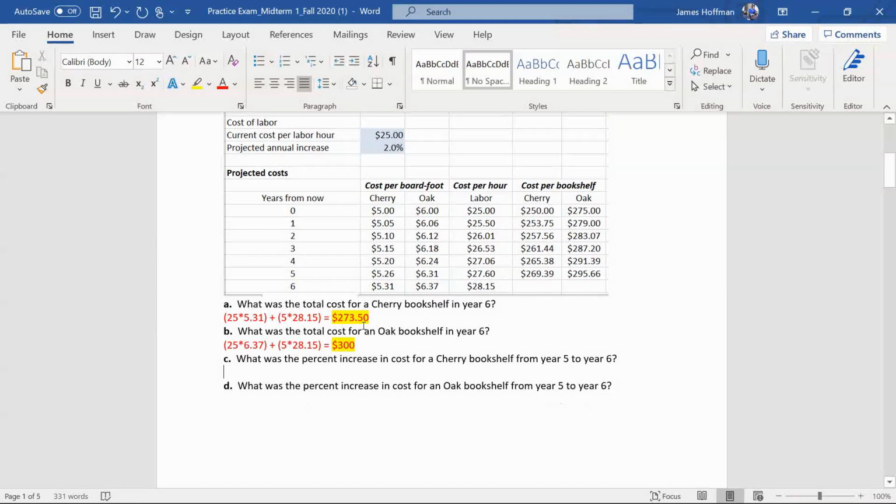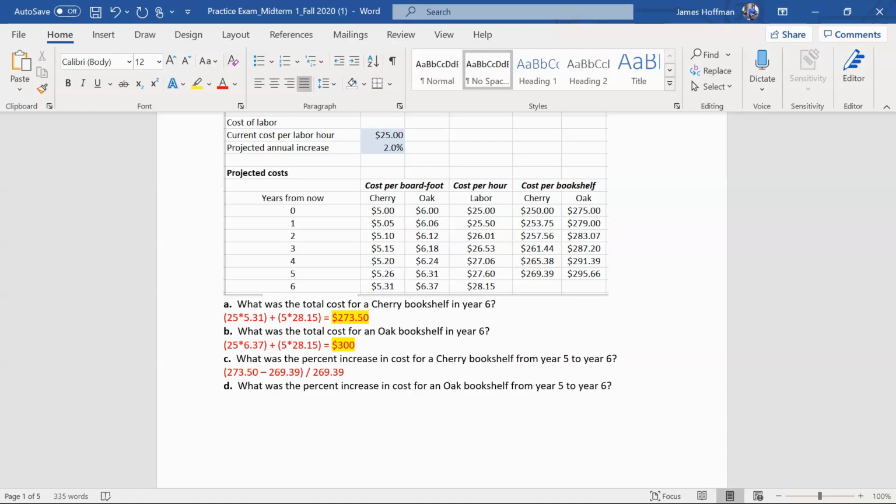So the percent change is the difference over the original, right? The new value increased to $273.50, and the original was $269.39.